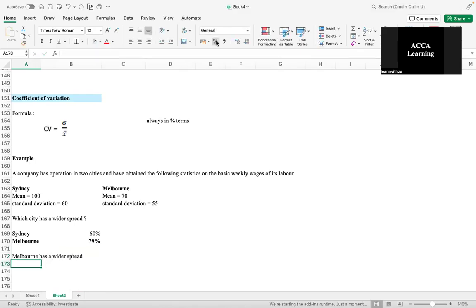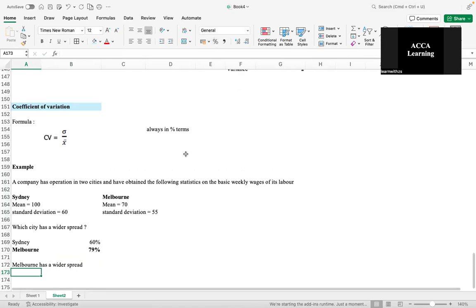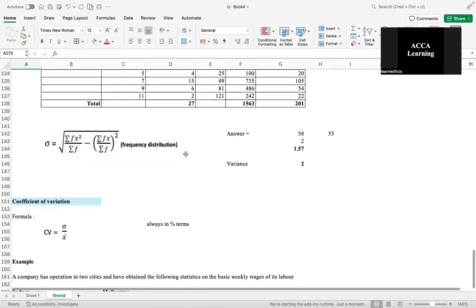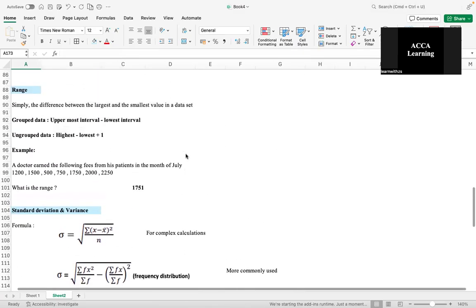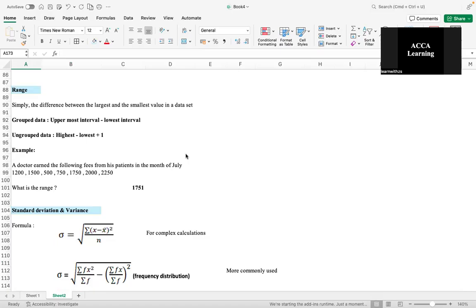So let's summarize whatever we have done today. Okay. So range was a simple measure of dispersion that we did, but it's very sensitive to outliers, so it doesn't account for distribution of values. Variance, on the other hand, measures the average square difference between each data point and the mean, but it's very sensitive to the unit of measurement, which makes it not very easy to interpret.